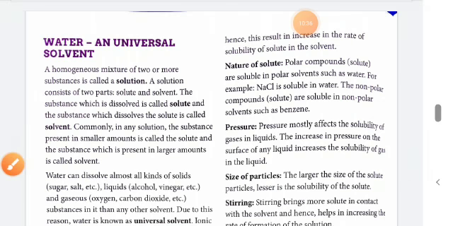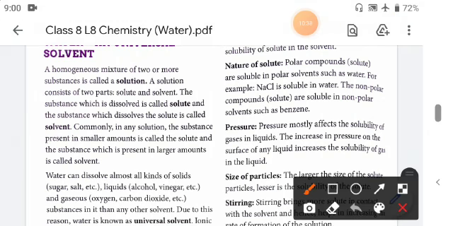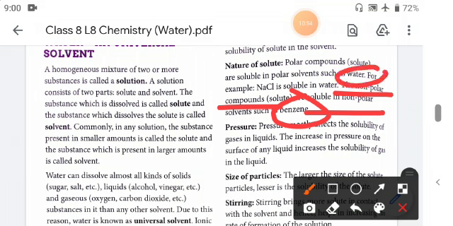And non-polar solutes are soluble in non-polar solvents such as benzene. Here two things are here. Benzene is a non-polar solvent and water is a polar solvent.